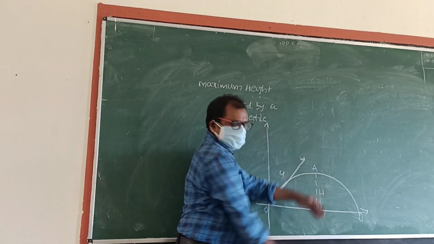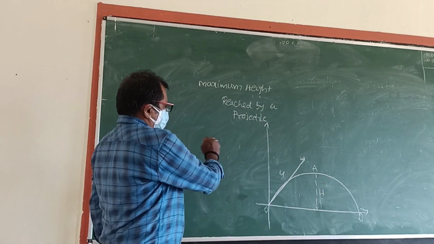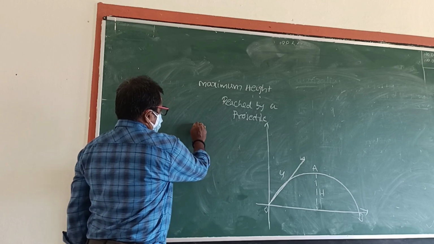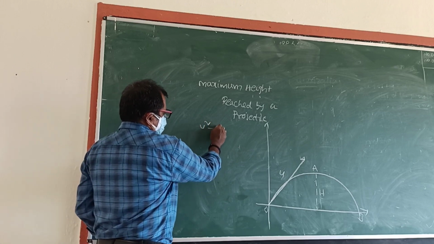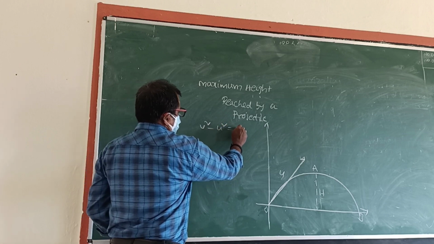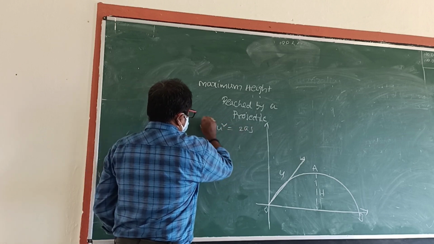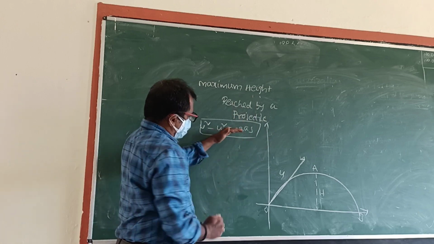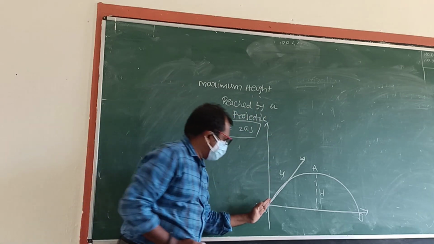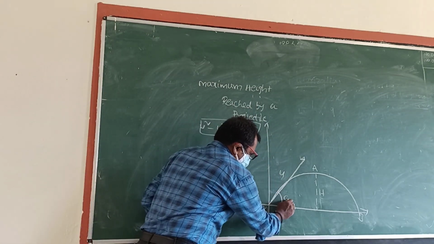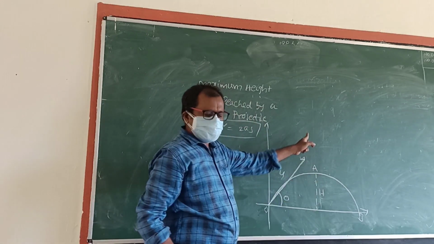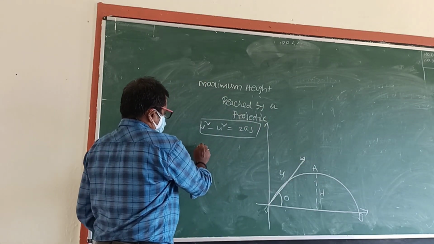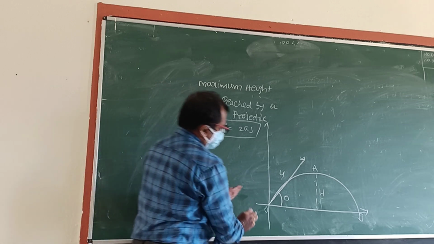Let h represent the maximum height reached by the projectile. The basic equation which can be considered here is v square minus u square is equal to 2as, the linear equation of motion. Since it is projected at an angle theta with the horizontal, it can be applied for projectile motion.